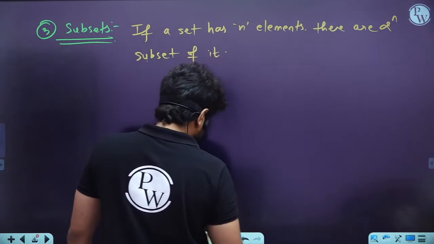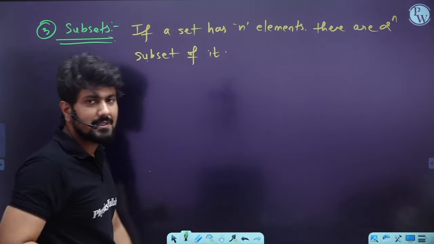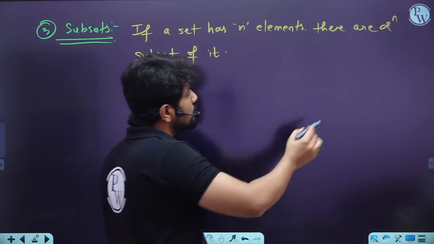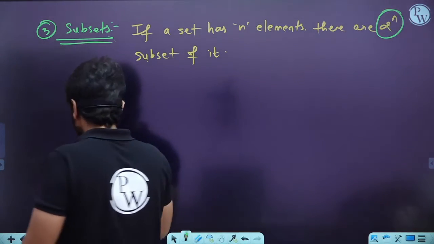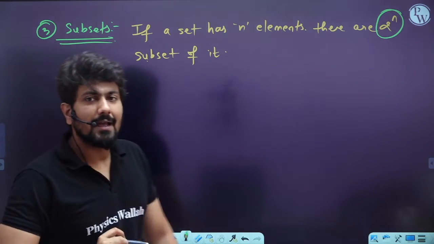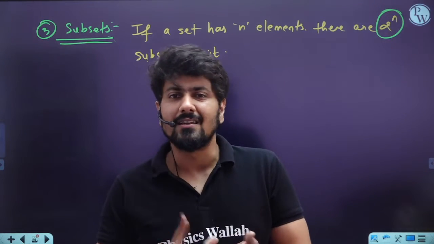Remember this number. In this 2 raised to the power n, the set itself is also included and the null set is also included.